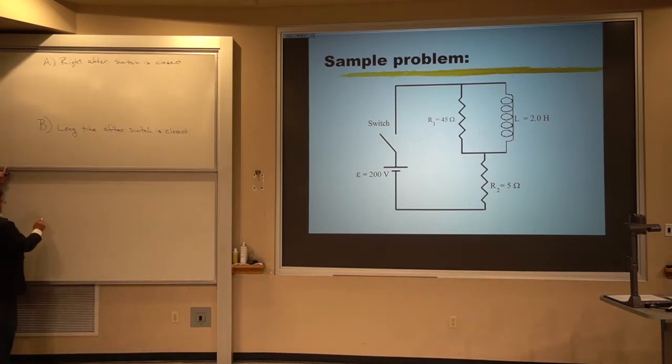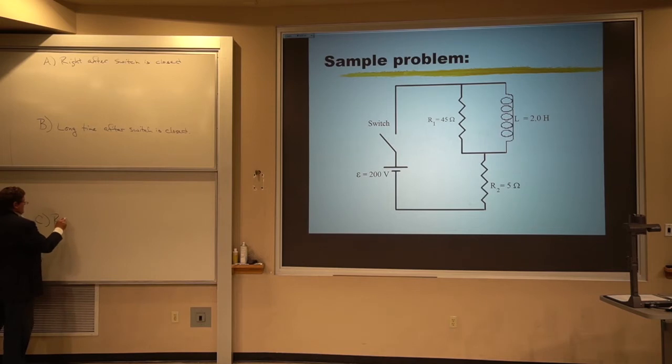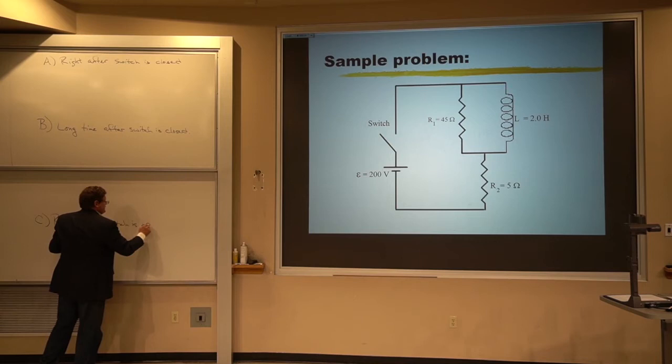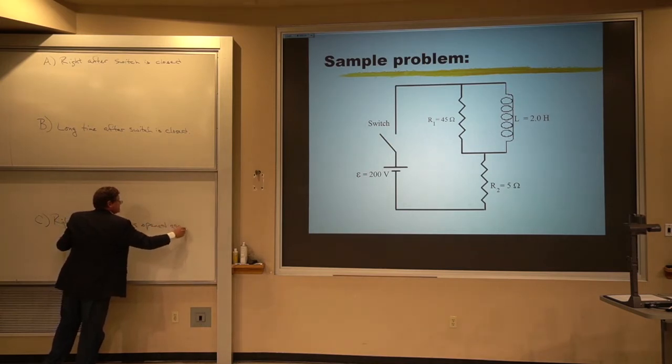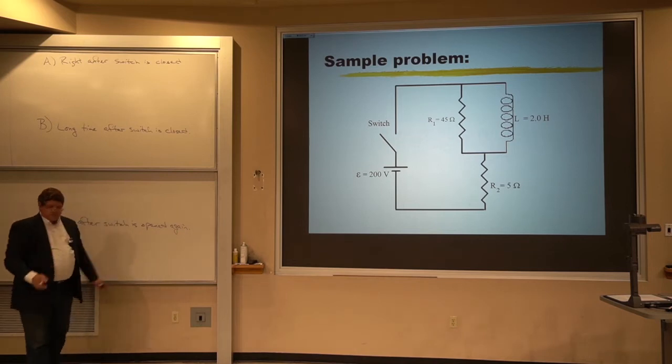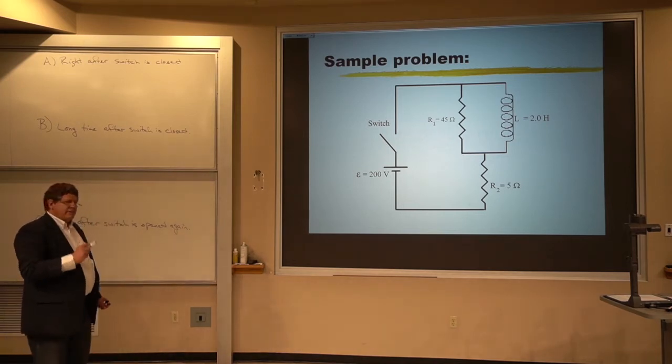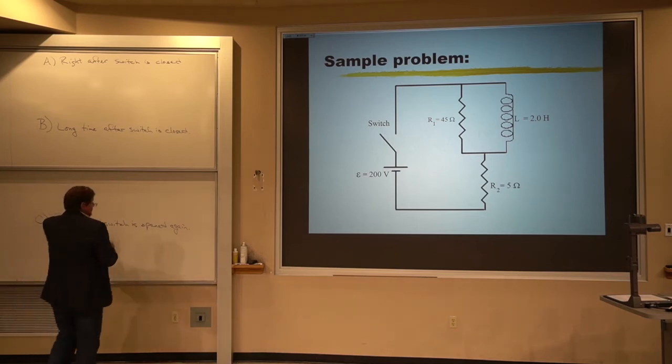And then we have a part C, which is right after the switch is opened again. In other words, after the switch has been closed a long, long time, you throw it open, and right after you throw it open, that'll be the 3rd time.